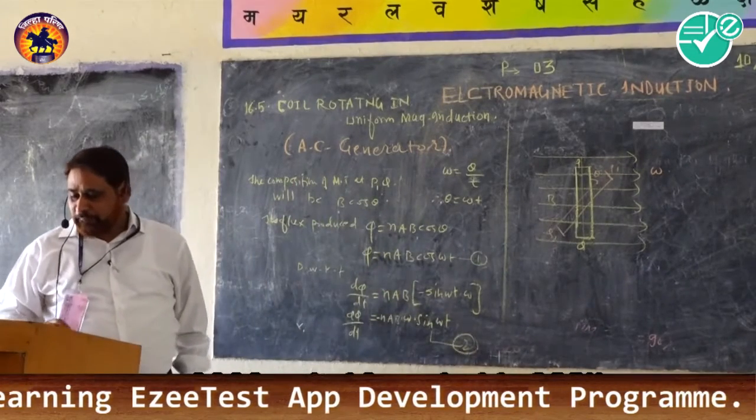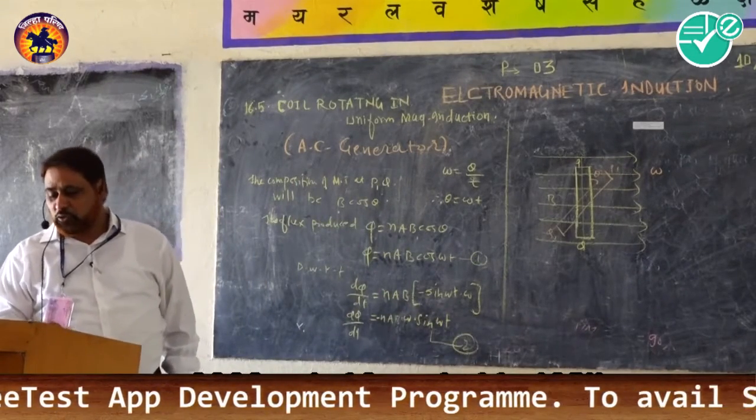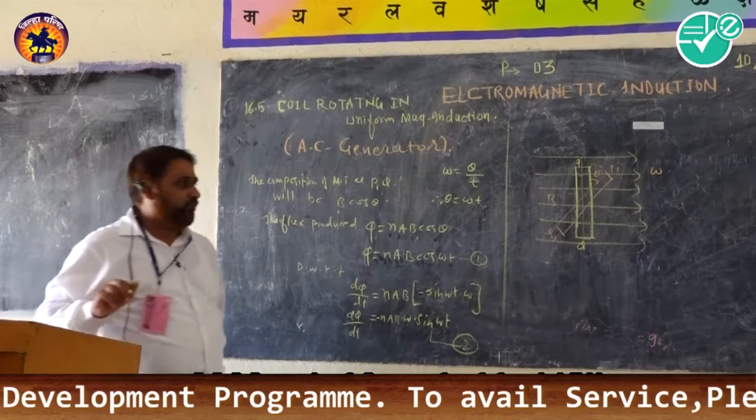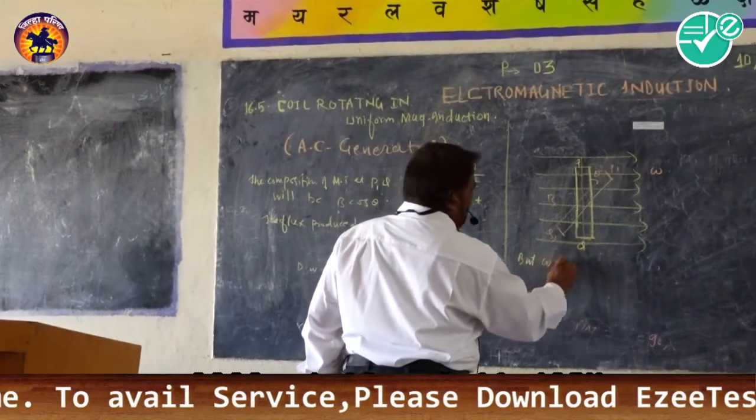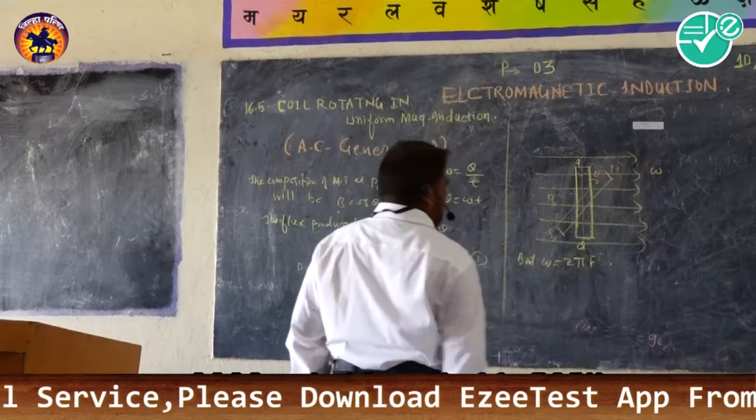Now let us proceed. Omega is equal to 2 pi f.